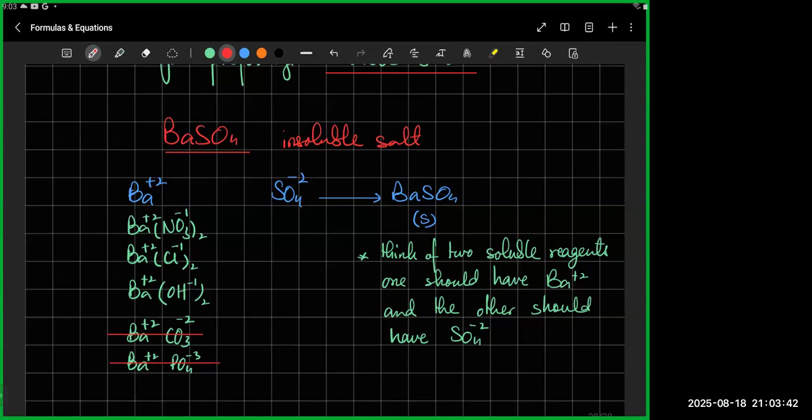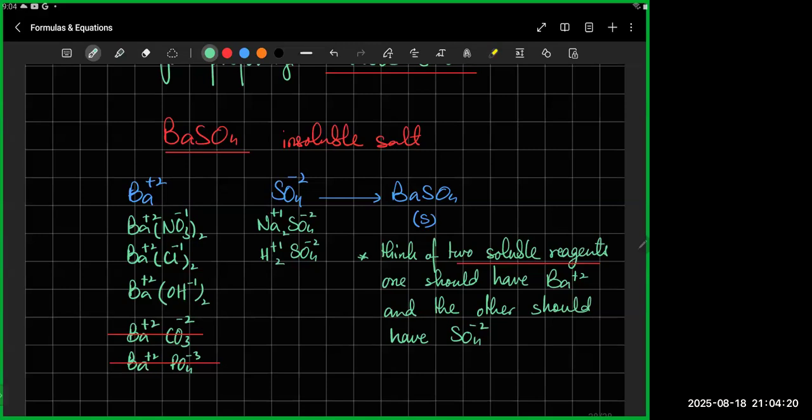The same goes for sulfate. I'm looking for two soluble reagents. There's probably going to be some positive ion attached to the sulfate. So what could be the positive ion? Sulfuric acid, H+, that could be it too. It could be sodium sulfate. It could be sulfuric acid, which has H+, so it's going to be H2SO4.